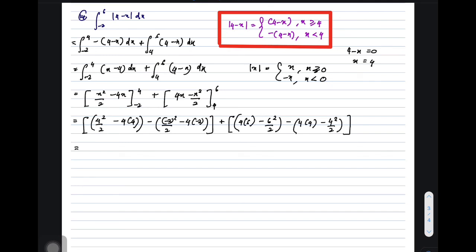Then solve everything. We have 16 over 2 here, which is equivalent to 8, minus 16, minus the 2 plus 8. Then plus here is 24 minus 18, and then minus 16 minus 8. Then simplify everything, so you will get negative 20.